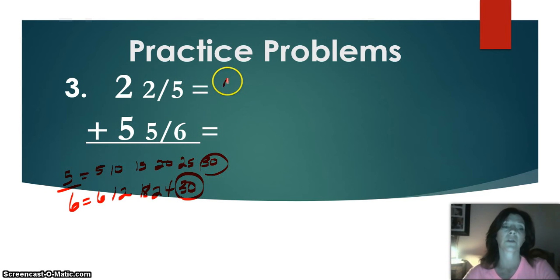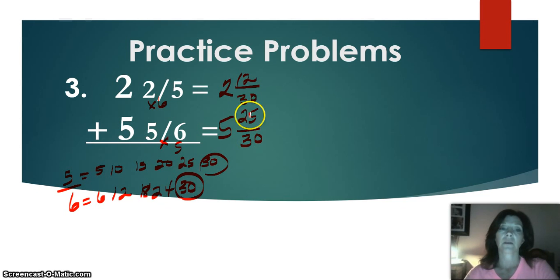So again, if you'll bring your whole number over, what did it take for 5 to equal 30? You multiplied by 6, so you multiply by 6 on the top. 2 times 6 is 12. Here, you multiplied by 5, so 5 times 5 is 25. Then, again, you need to do the very same thing.